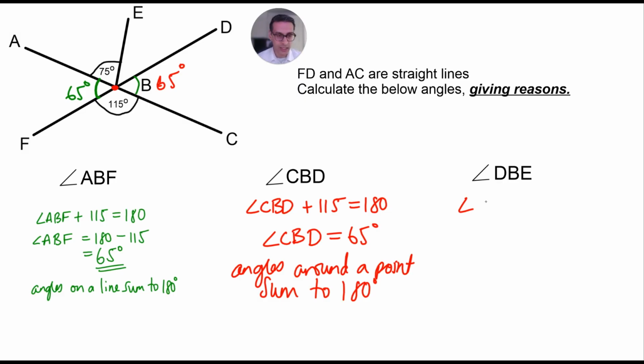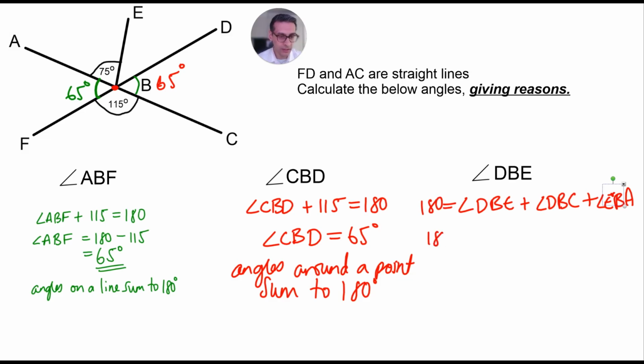DBE plus this 65-degree angle here, which is DBC, plus this 75-degree angle, which is EBA, and they're going to equal 180.